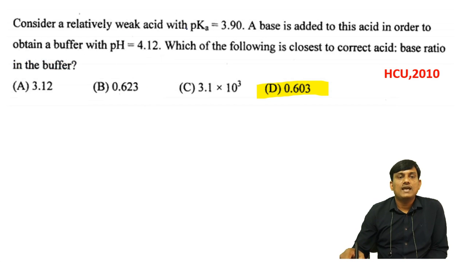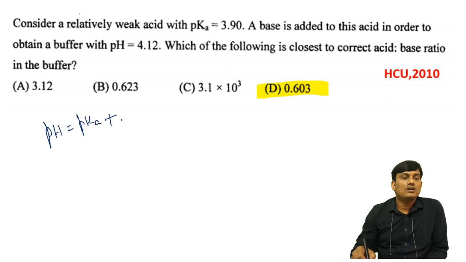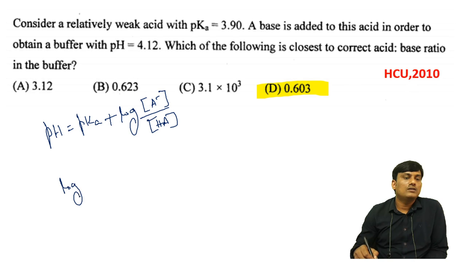Consider a relatively weak acid with pKa 3.90. A base is added to this acid in order to obtain a buffer with pH 4.12. Which of the following is closest to the correct acid-base ratio in the buffer? We know the Henderson equation: pH is equal to pKa plus log of the base A minus by the weak acid HA. So log of A minus by HA is equal to pH minus pKa.